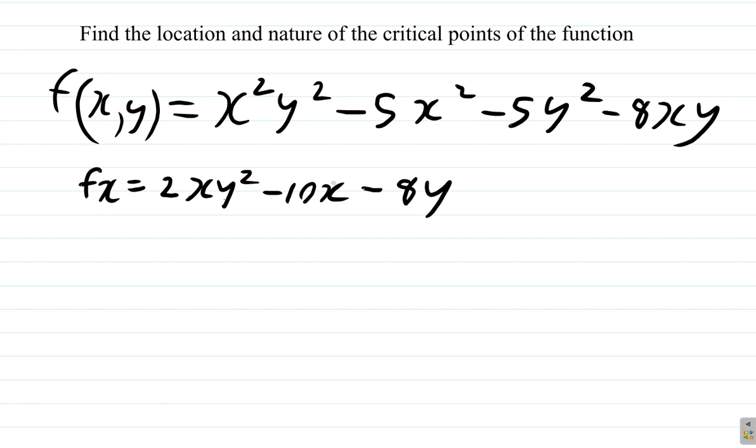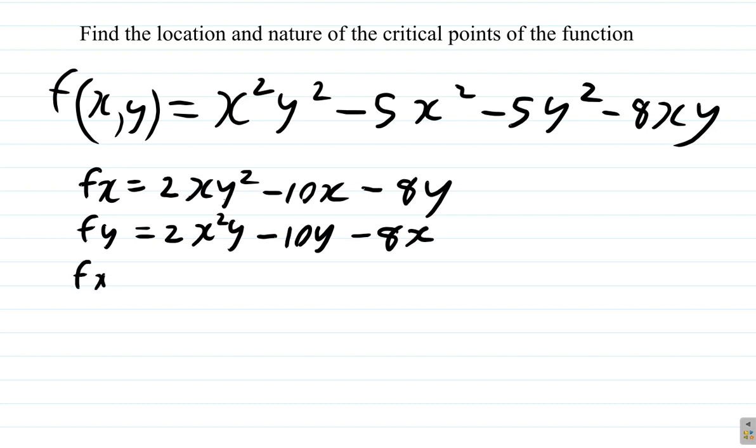Okay. Now fy equals 2x squared y minus 10y minus 8x. Okay, let's find fxx.